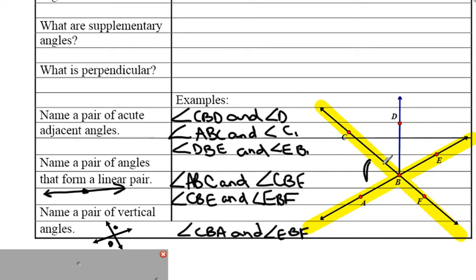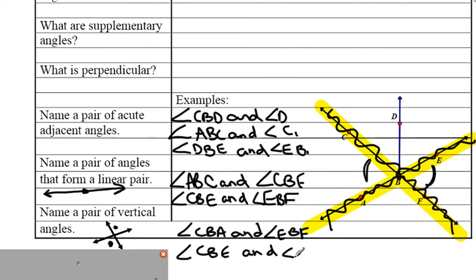So that's here and here. And then actually there is one more pair, and that would be CBE and ABF.